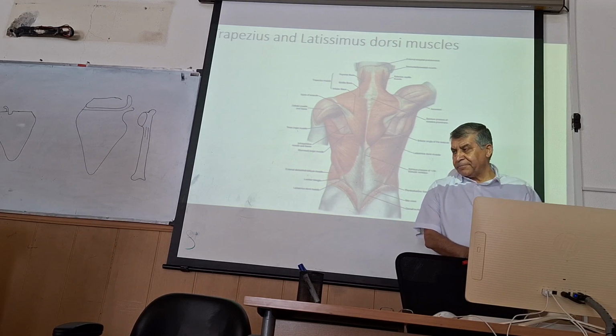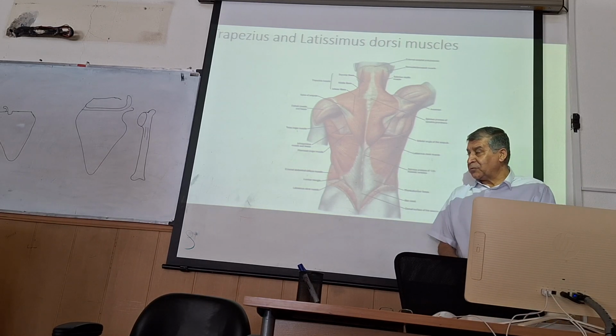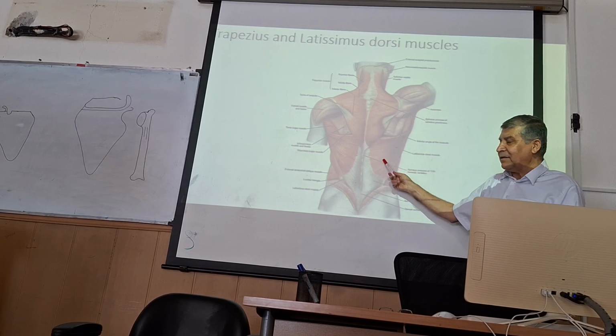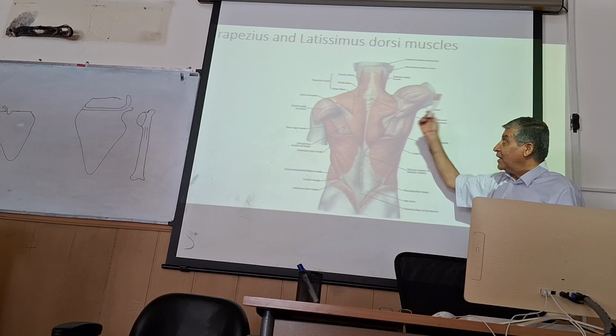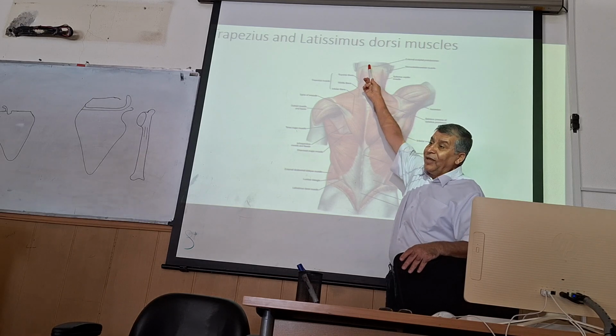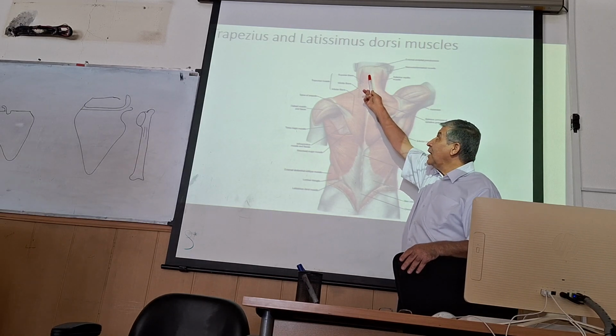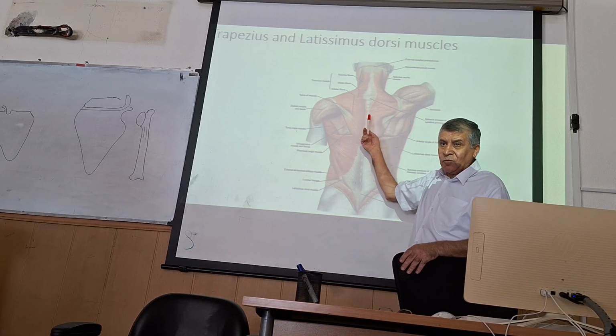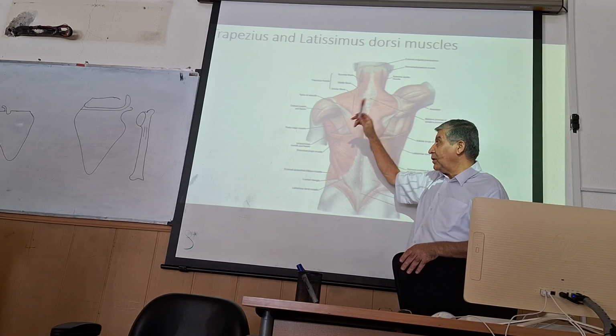Posterior muscles. From superficial to deep, you can see trapezius and latissimus dorsi. Trapezius originates from the head and all the vertebrae of the neck and thorax.